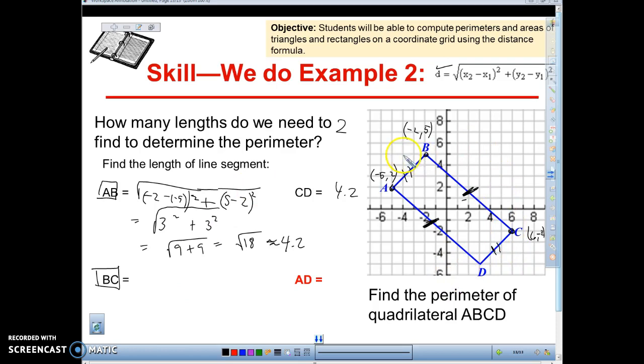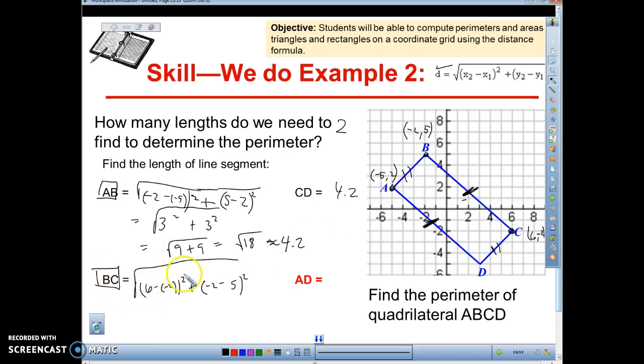Plugging this in, the difference in my x's, I'm going to do 6 take away -2. And I'm going to square that quantity, and I'm going to add that to the difference in my y's, -2 take away 5. And I'm going to square that quantity, and all that's underneath the square root.